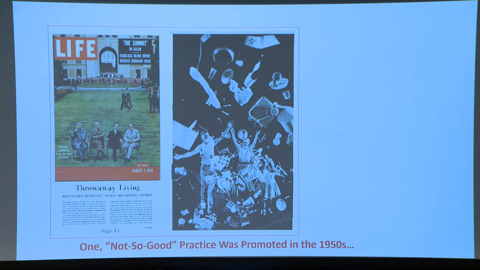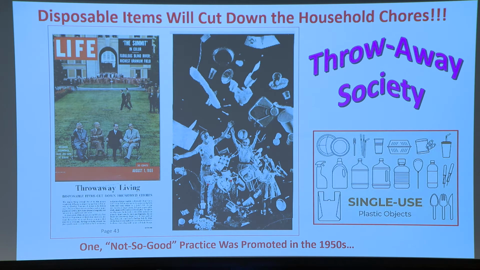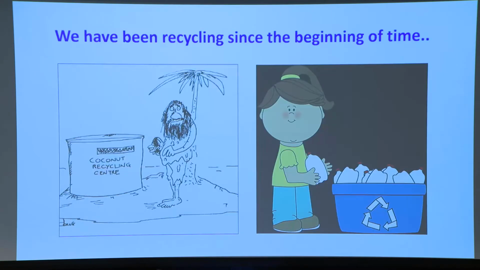Not-so-good practice was promoted in the 1950s. We were told that disposable items will cut down our household chores. And we liked that idea. So we became a throwaway society with single-use plastic objects. We've been recycling since the beginning of time.